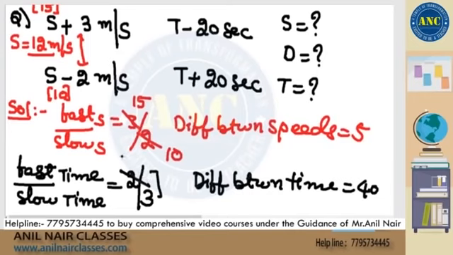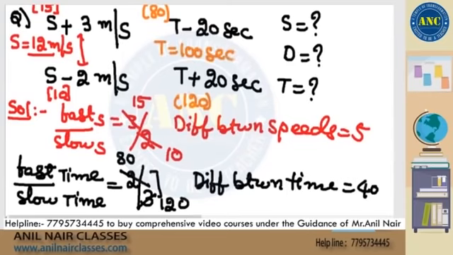Difference is 1. So multiply by 40. This is 80 and it is 120. If you observe, t minus 20 is 80, time period is 100. So time period is 100 seconds. Over answer. How beautifully you can solve the question without writing the equation. I hope it is clear, right, sir?